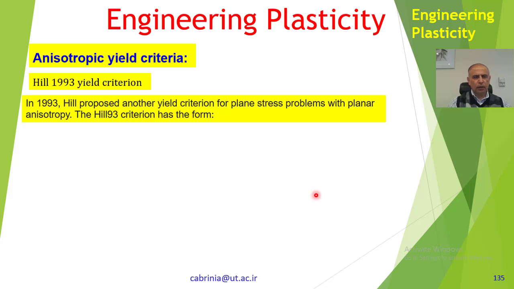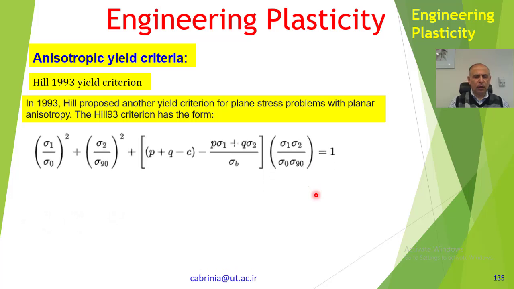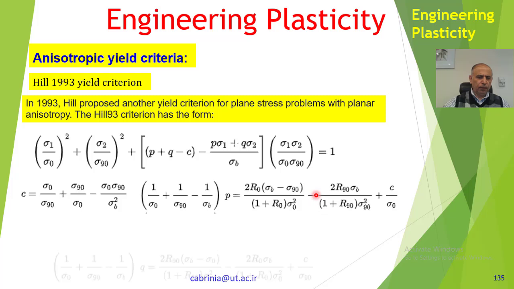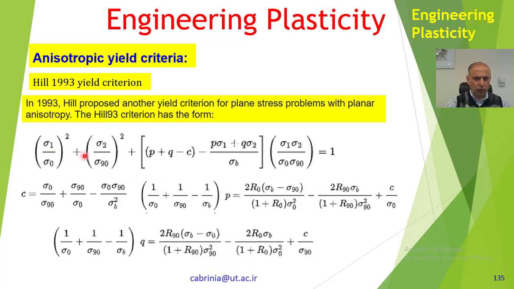Now in 1993, Hill again proposed another yield criterion for plane stress problems with planar anisotropy, and this criterion has a form like this. As you can see, again we have sigma 1 and sigma 2 in here. Also we have P, Q and C, and these are constants.